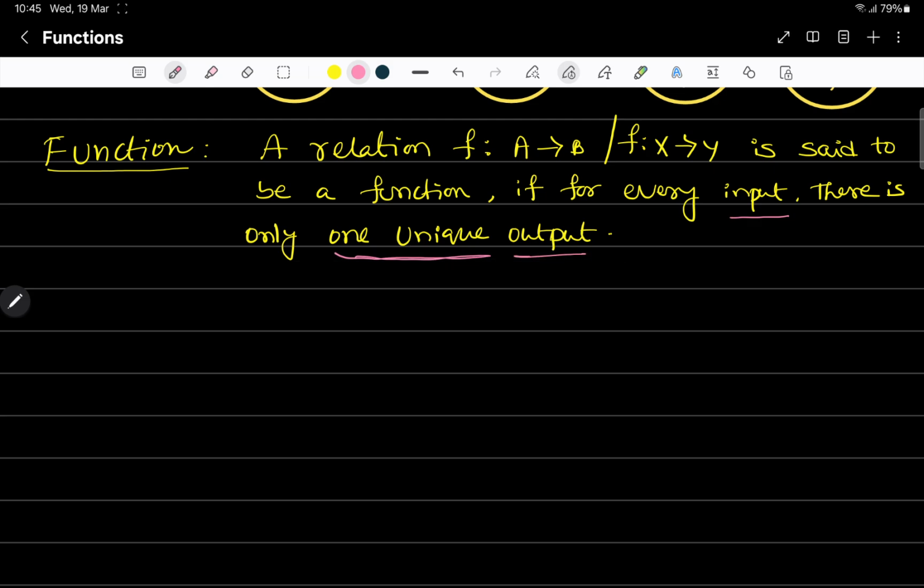This you have to remember. For every input there is always only one unique output. That means for every input you have only one output.